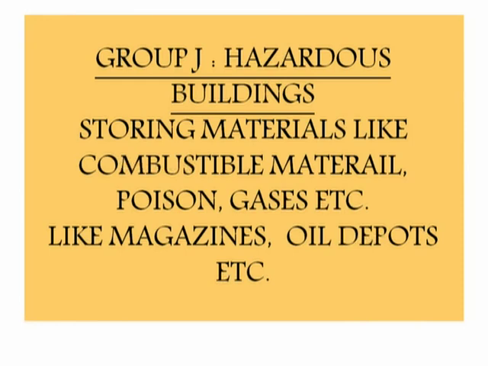So in the hazardous building, combustible material like poison, gases, etc. are stored. These oil depots, magazines, some of the chemical factories, they come into the category of the hazardous building.